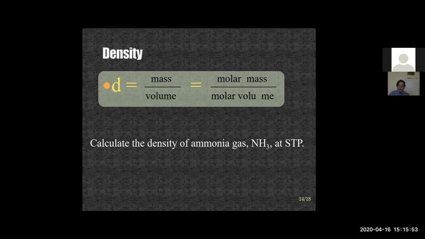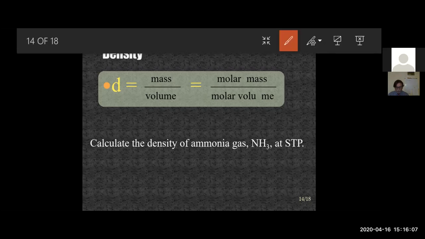If you measure its mass, you measure its volume, do the math, you end up with the density. But we can also calculate density using molar mass and molar volume. Again, only if we are in STP conditions, okay? Because the molar volume is 22.4 liters per mole.